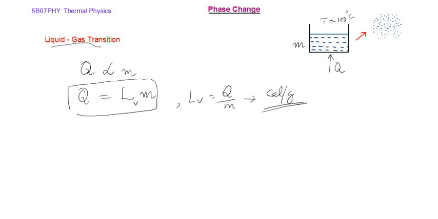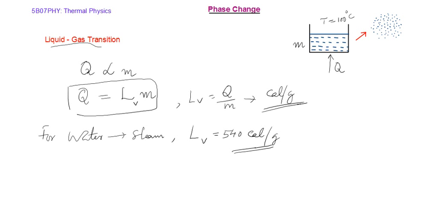And for water to steam transition, or vaporization, the latent heat of vaporization is roughly 540, very near to 539 something. I can round it up, 540 calories per gram. Hold the units, calories per gram.